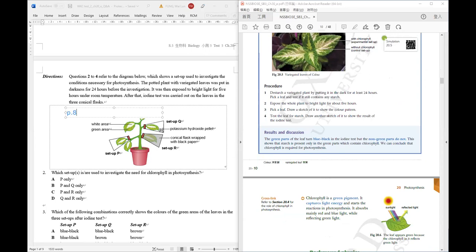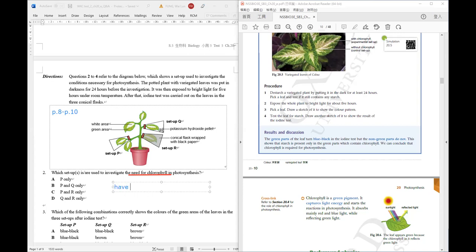Okay, page 8 to page 10. Which setup is used to investigate the need for chlorophyll? So when you study the need for chlorophyll in photosynthesis, first of all, you set up one group.